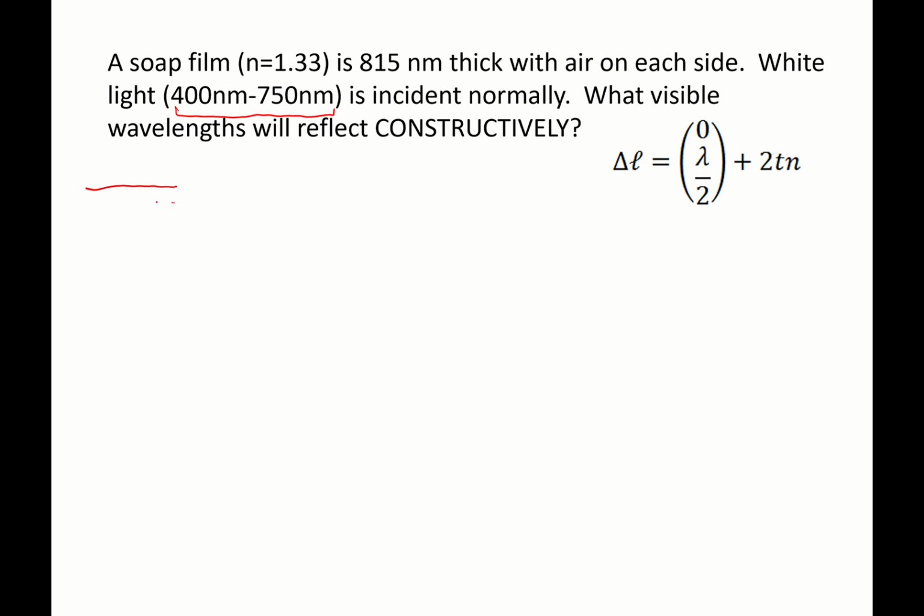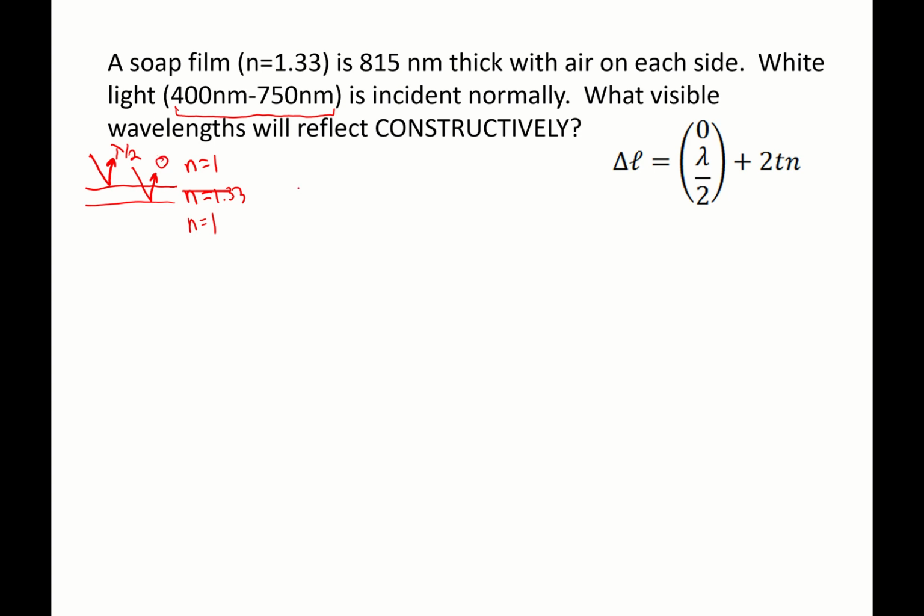All right, so first let's look at our situation. Here I've got my index of refraction for the film is 1.33, and it's got air on each side, n equals 1. So top surface, I'm going from 1 to 1.33, that's hard, so it goes by lambda over 2. Bottom surface, I've got from 1.33 to 1, that's soft, so it's 0.